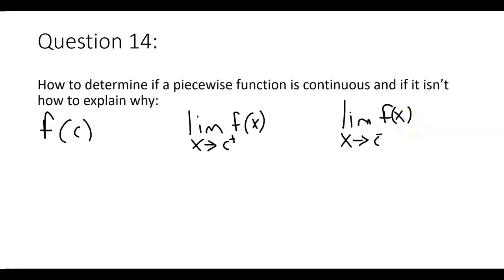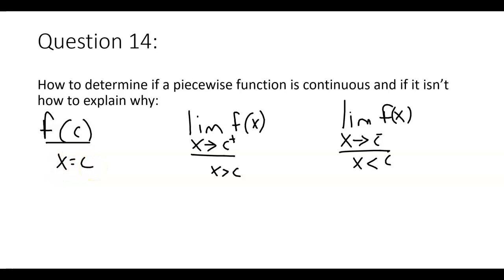And just so you guys know, this means you're going to use the piece where x is greater than c, and this means that you're going to use the piece where x is less than c, and this means you're going to find the place where x equals c.